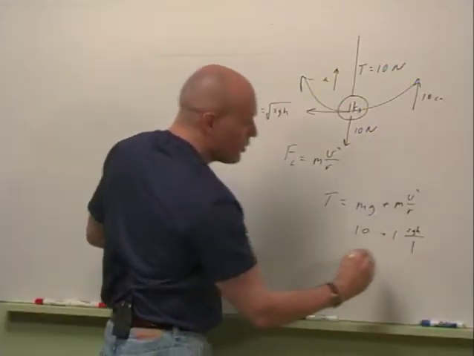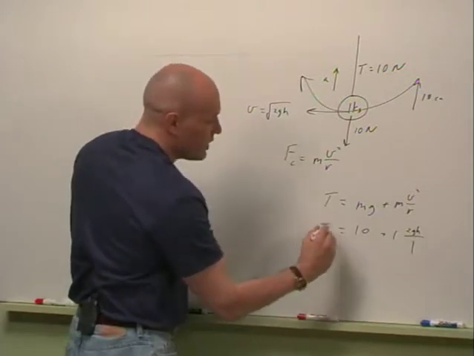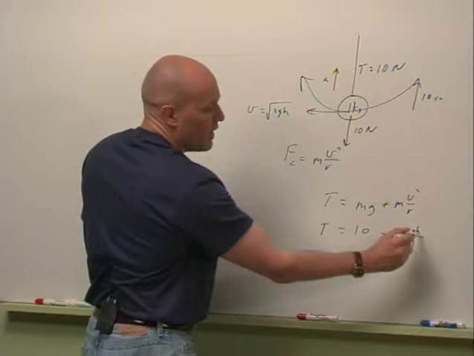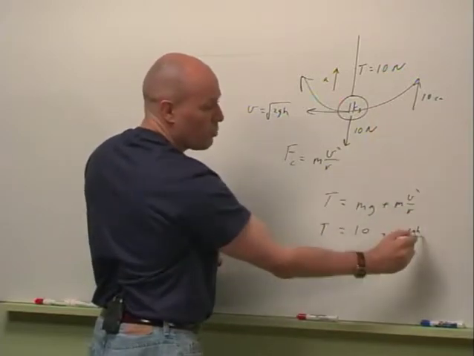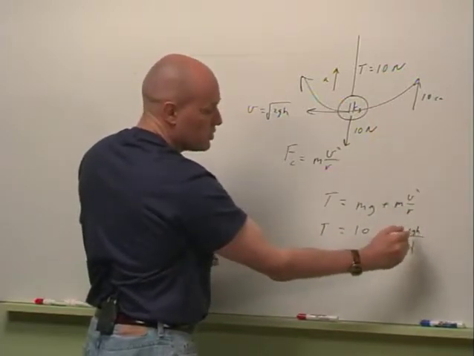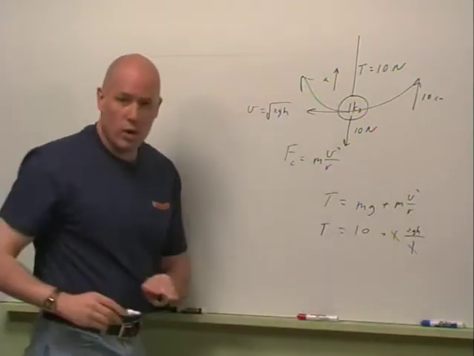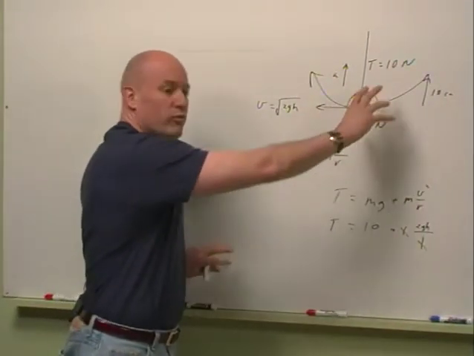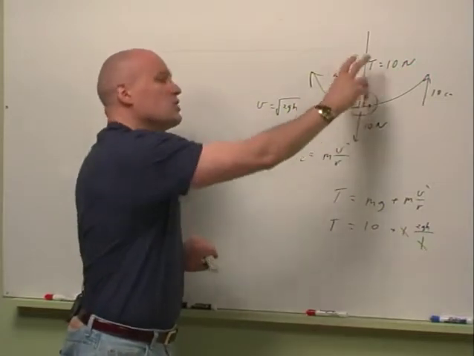There we go. So we get the tension equals 10 plus 2gh. h is 10 centimeters, 0.1 times 10, so it's 2. So 10 plus 2 is 12. Yeah, you can see solving it is much longer than looking at it and kind of figuring it out and realizing tension's got to be greater than 10.